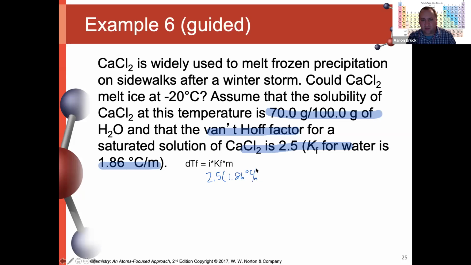So very similar to the last problem, what we really need to figure out is the molality. Now, in this particular circumstance, molality has been partially calculated for us because we know that we have 70 grams of calcium chloride for every 100 grams of water.